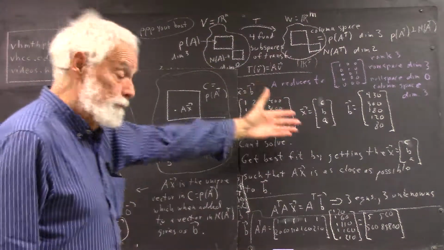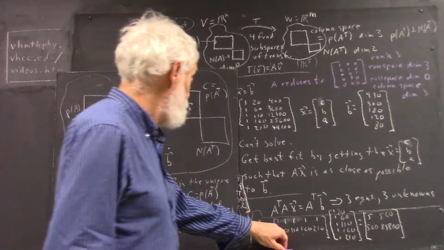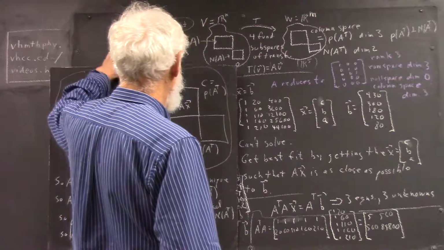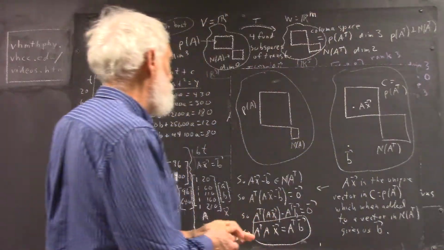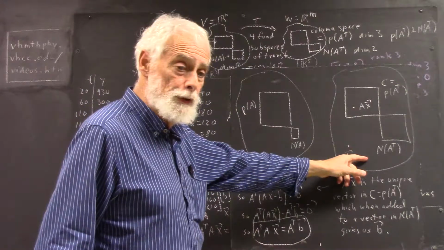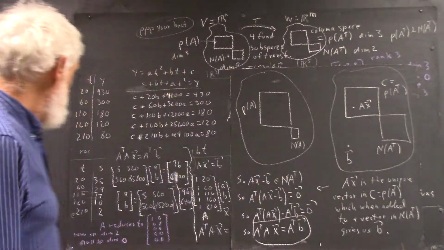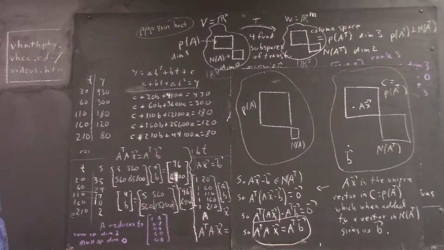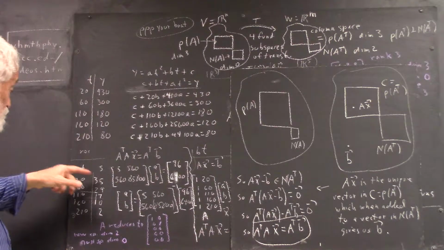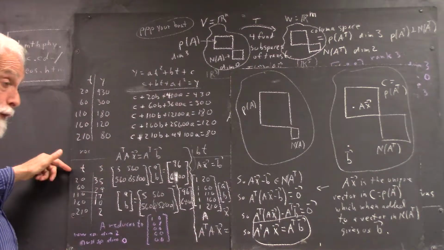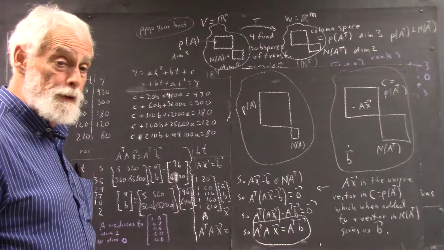Okay, now that's for the depth versus time data. Well, there's nothing about this that was specific to the fact that this was R3 and this was R5. So everything that we say here applies equally well over here. The matrix that we get for the distance versus time data is this.